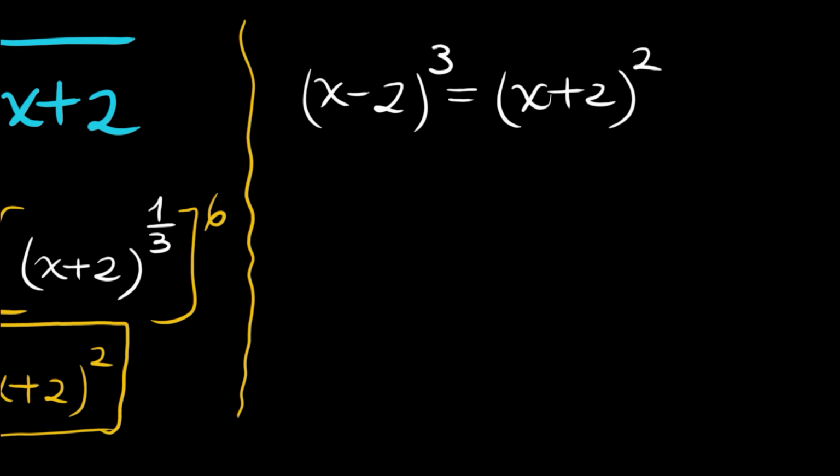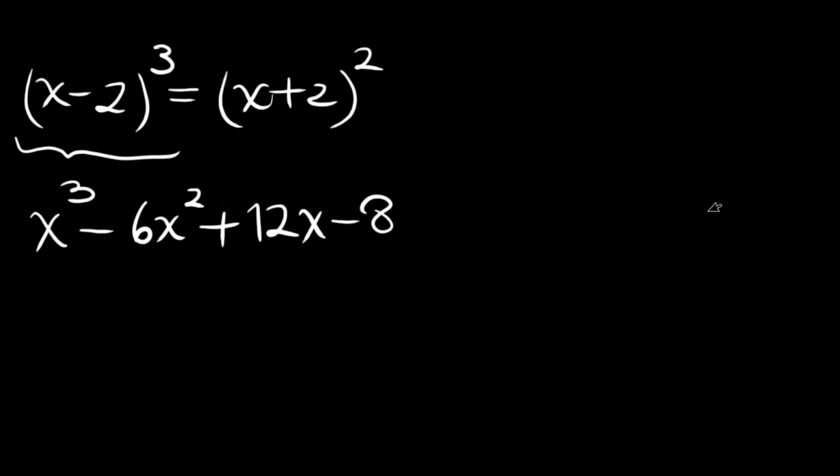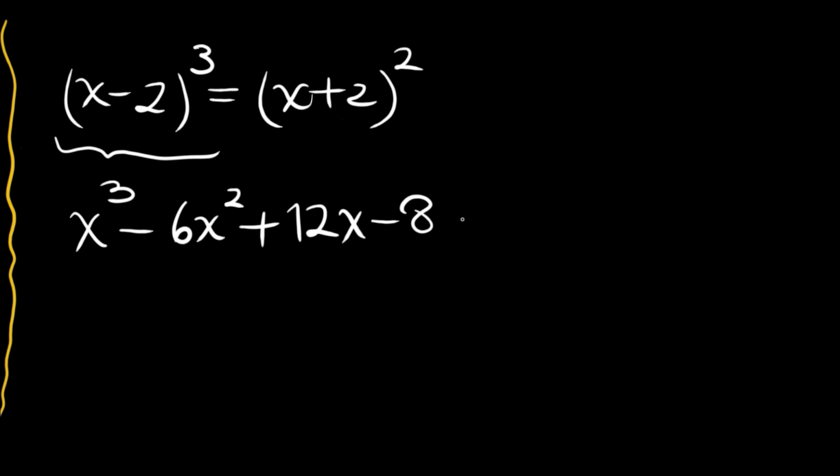Now this part is equal to x cubed minus 3 times x squared times 2, which is 6 times x squared, plus 3 times x times 2 squared, which is 12x, and minus 2 cubed will be equal to -8, and this is equal to x squared plus 4x plus 4.